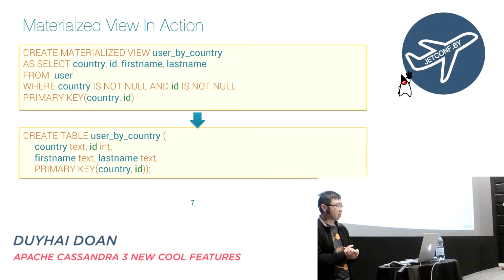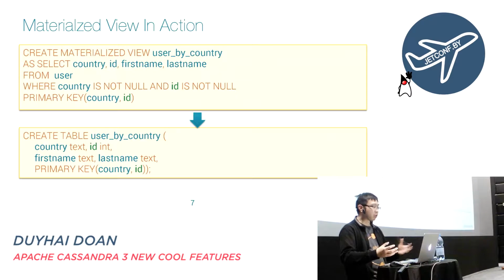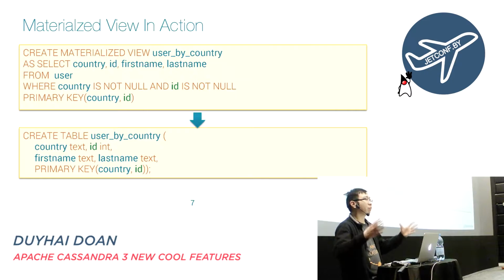Okay. So this is the syntax. I want to create a view called user by country as a select of country, ID, first name and last name. So you can decide to copy all of the columns from the original table or just some columns from the base table user where country is not null and ID is not null.